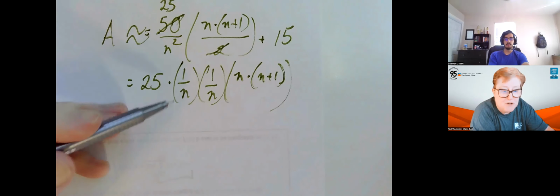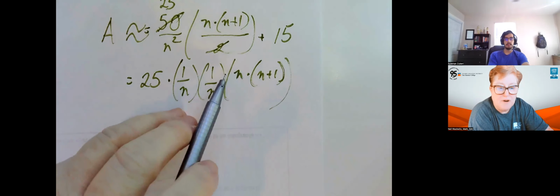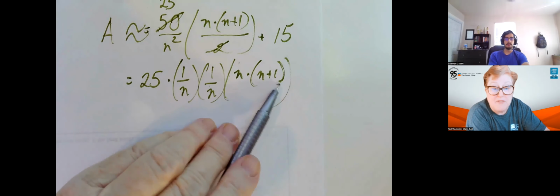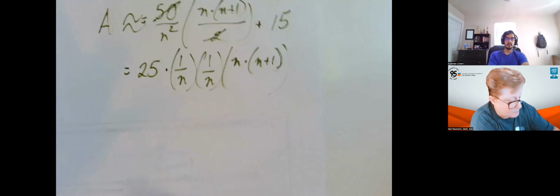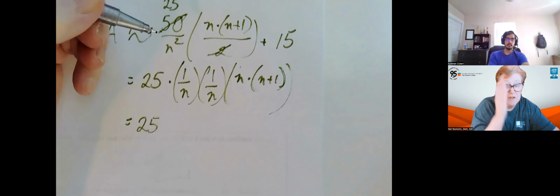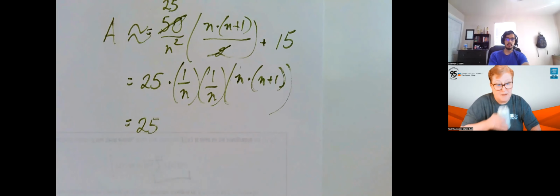What I'm going to do is move these 1 over n's. One of them will be multiplied by the n, and one of them will be multiplied by the n plus 1. And you'll see, we're going to do this because we're going to take the limit in a minute.